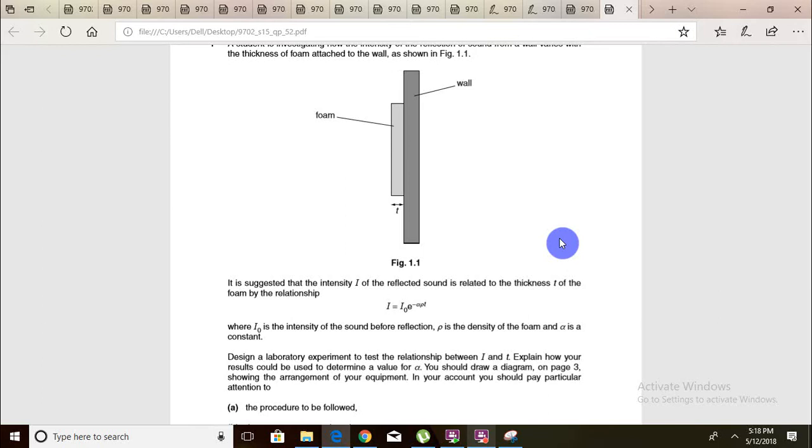So, what sort of an experiment is this? Well, it has to do with sound and it has to do with intensity, so it may have something to do with the AS physics waves topic. If it's sound, how do you produce sound?